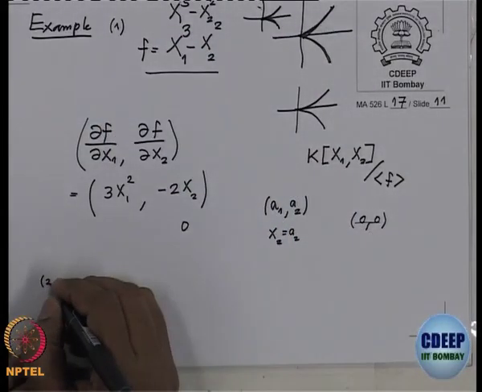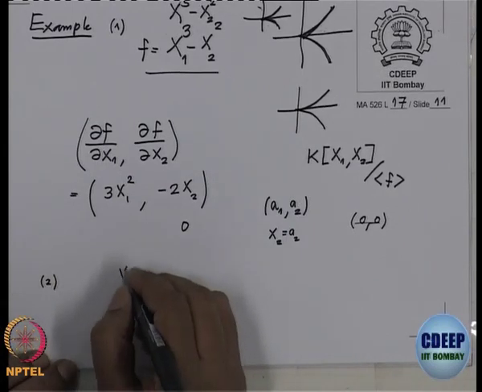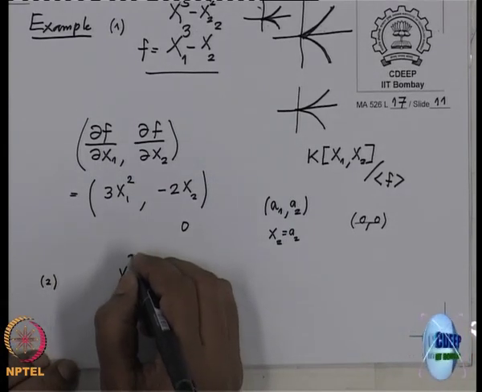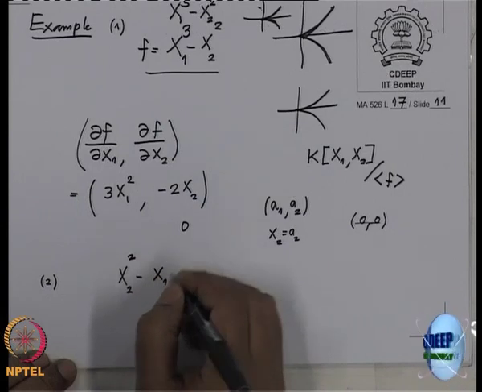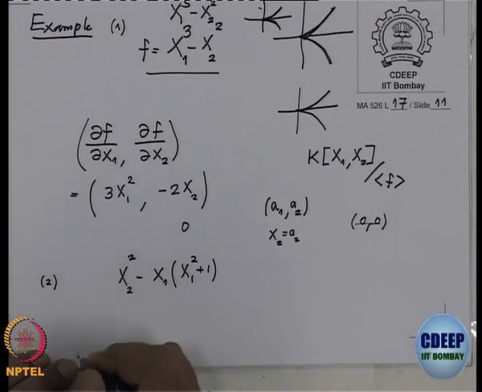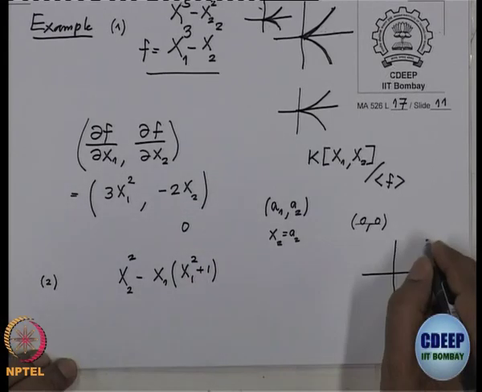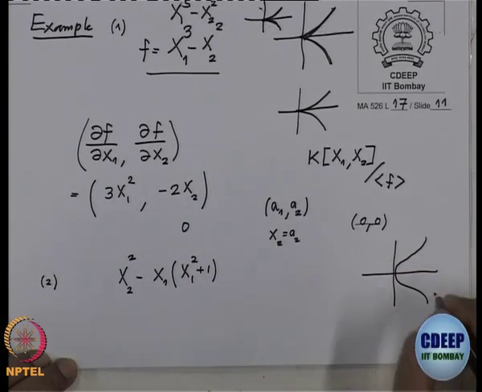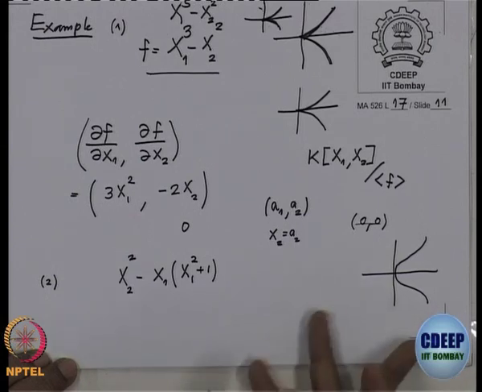Okay, one more. So, for example, if you take now the other example, that is x2 square minus x1 cube plus x1, this one. Remember, this picture was like this, something like this. So, in the picture you can see there is no singular point.